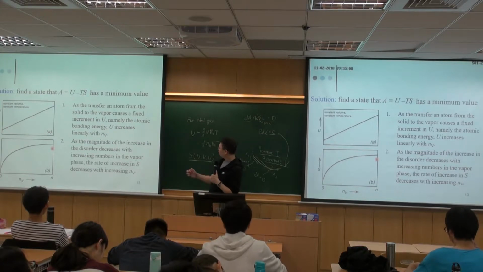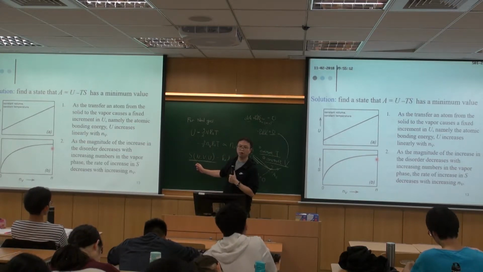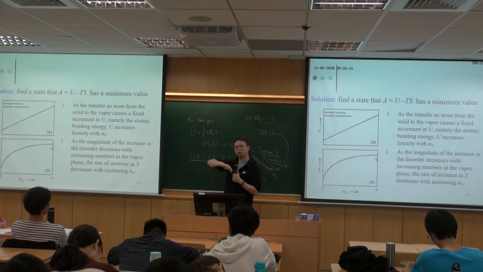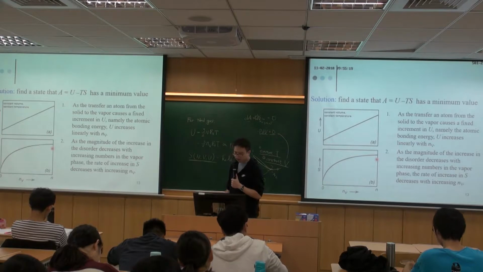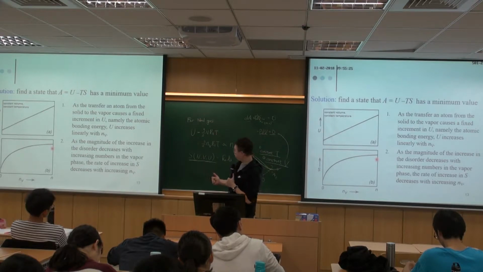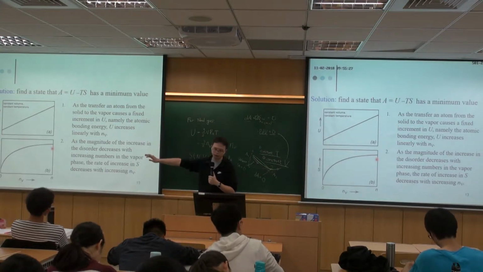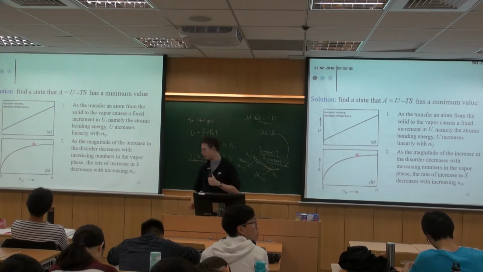The entropy is of course proportional to the number of particles in the system, but it will gradually saturate, okay? And later I'll show you my own calculation based on what we derived before. Indeed, you'll see this kind of trend when you increase the number of particles in the vapor phase.